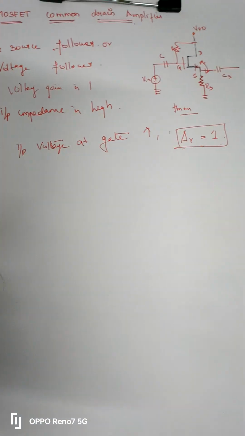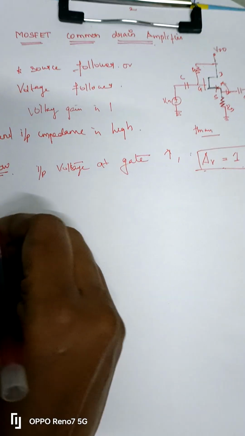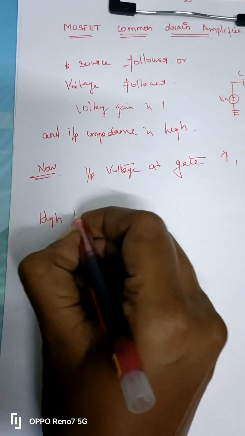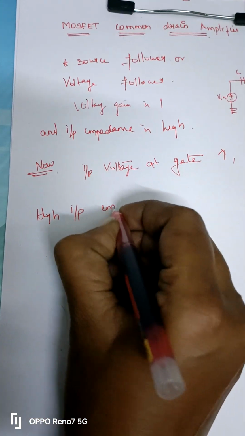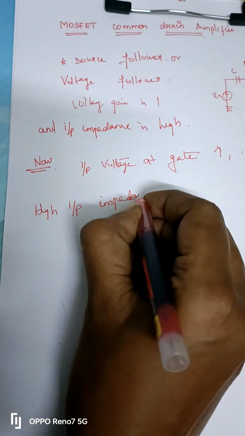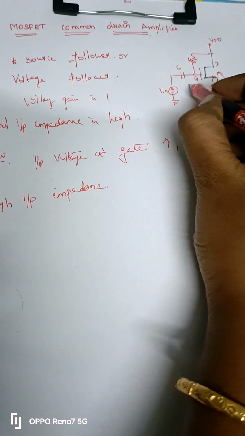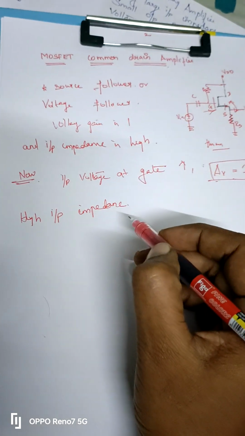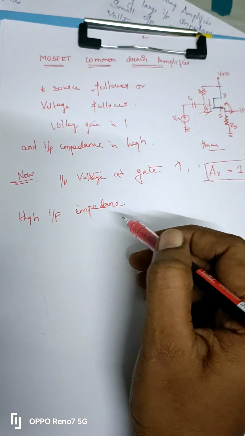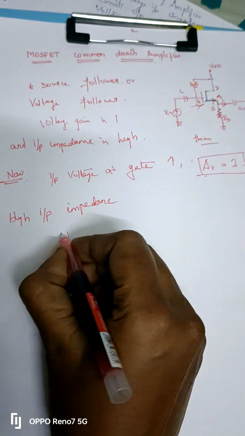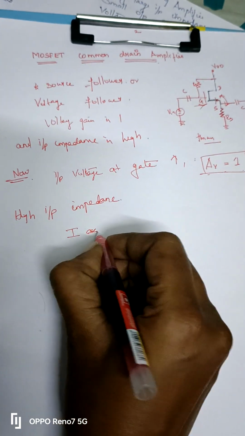Now, high input impedance. What do you mean by high input impedance? The gate is insulated. The current flowing into the gate terminal is almost zero.